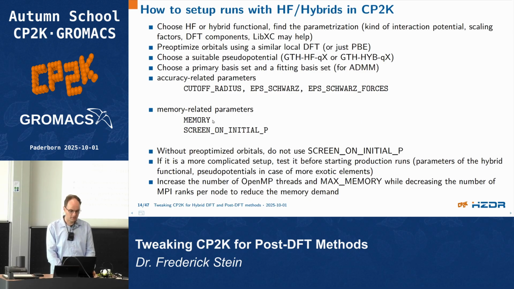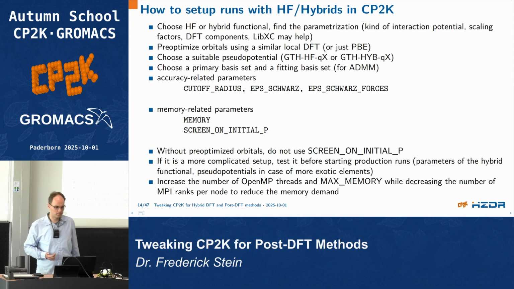Then, of course, you have to set the max memory, as it vastly determines the performance of CP2K. And, if possible, turn on screen on initial P for better screening. Usually, if you consider many hybrid functionals, the setup is a bit more elaborate, which is why I recommend you really test this setup in advance if it's not a very simple functional.